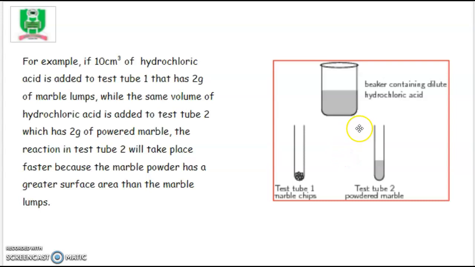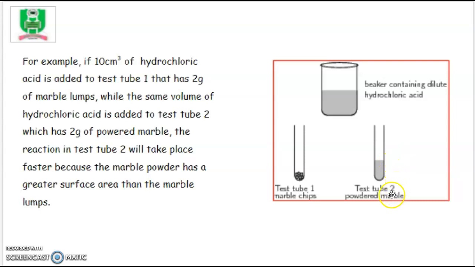That is opposed to what we'll find over in test tube 2, when the hydrochloric acid is added to the marble powder, because the marble powder really is the component parts of the marble chips being separated, so to speak. What you have is a fuller exposure of the surfaces of the marble powder to the hydrochloric acid, and as a result of that, the rate of reaction can proceed a lot faster.